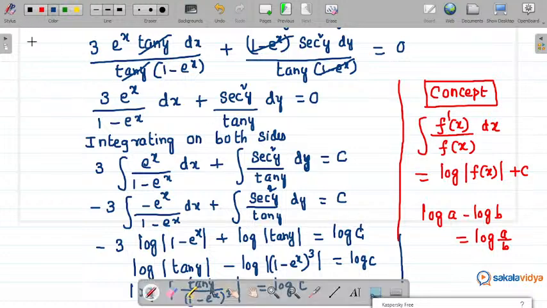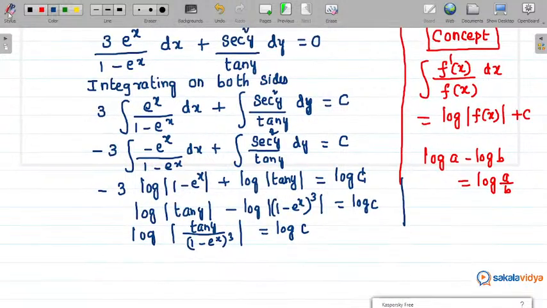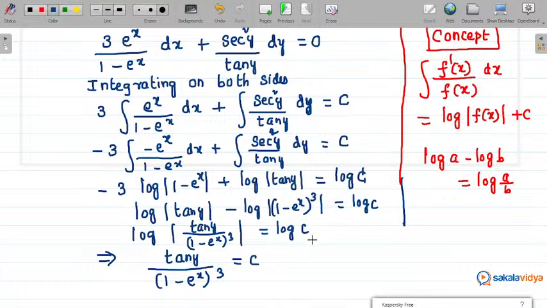So next step: on comparing both sides, tan y upon 1 minus e power x whole cube equals c. By cross multiplication, we get tan y equals c multiplied with 1 minus e power x whole cube.